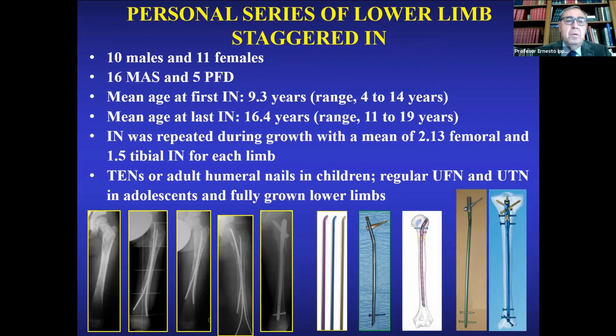Intramedullary nailing was repeated during growth with a mean of 2.13 femoral and 1.5 tibial intramedullary nailings for each limb. Either titanium elastic nails or adult humeral nails were used in children, whereas regular unreamed femoral nails and unreamed tibial nails were used in adolescents and fully grown lower limbs.